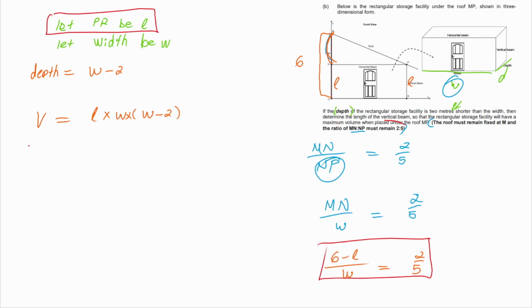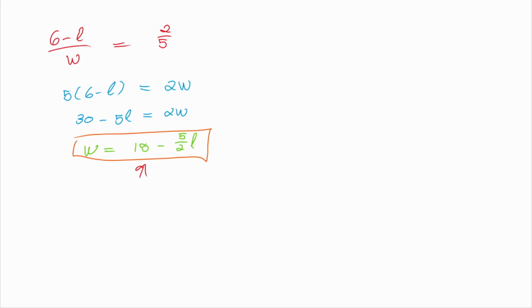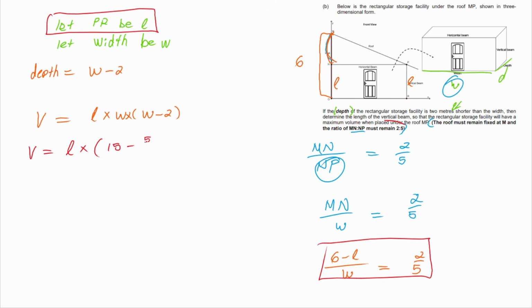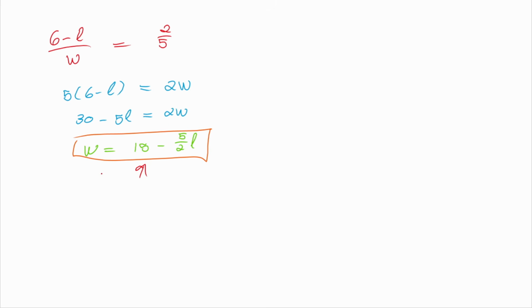So I have that volume is equal to L times (15 minus 5 over 2 L), where this is W. I just want to say here, it didn't matter if you started working with negative 5L is equal to 2W minus 30, and then L is equal to minus 2 over 5 W plus 6, and then substituted to get rid of the L. It didn't matter which one you worked with.